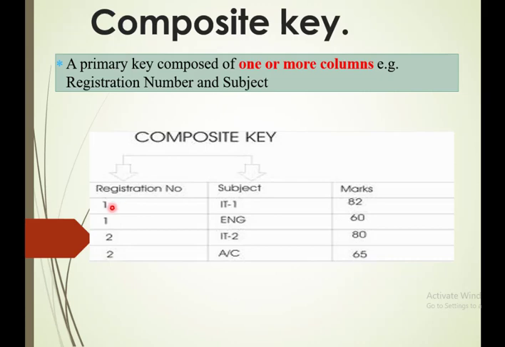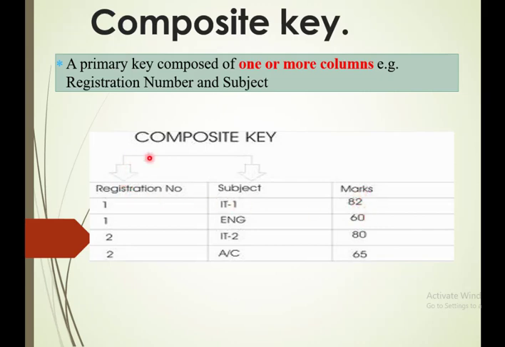Registration number is repeated because you can have the student doing more than one subject. We can't have the subject as the primary key because there's a possibility that more than one student can be taking the same subject. And equally marks cannot, because you can have more than one student having the same set of marks.